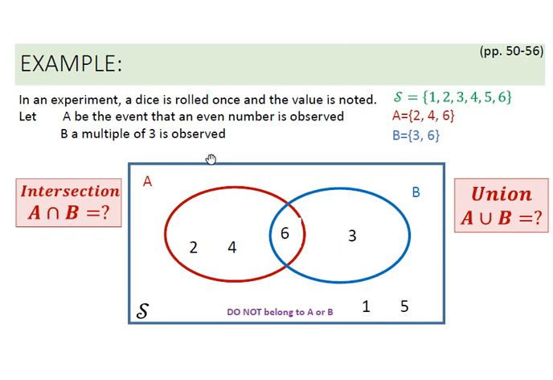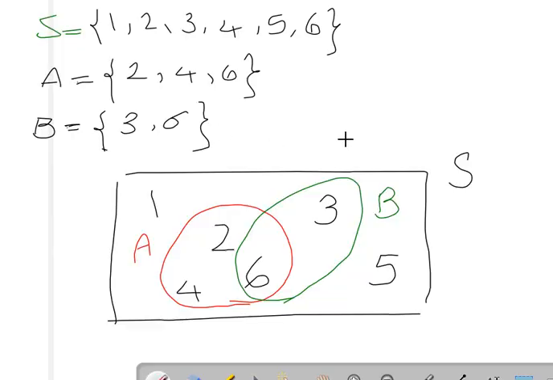Now look at this example. We are going to obtain the intersection of A and B and the union of A and B for this example. The intersection of A and B is this area, so it's 6.